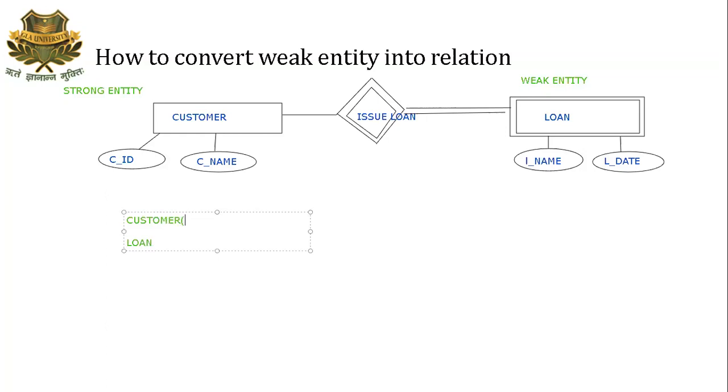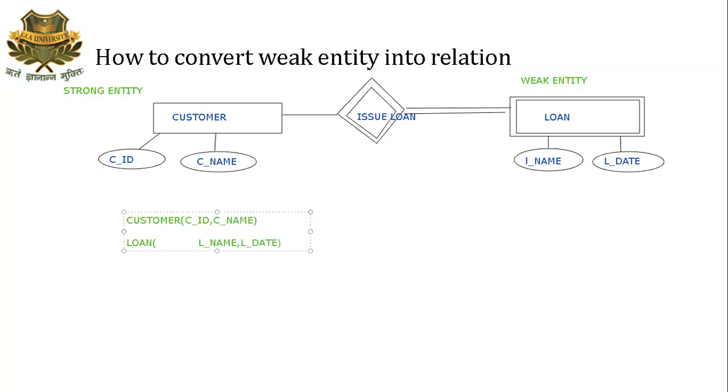So write the attributes of the customer: customer_ID, comma, customer_name. Close this. And here, in loan, write loan name, comma, loan date.